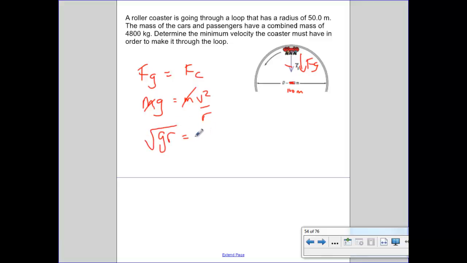Gravity times radius, and then square root it, and there's our velocity. This is the speed that we're going to need in order to make it through the loop-de-loop. If we have at least this speed, we're good to go.